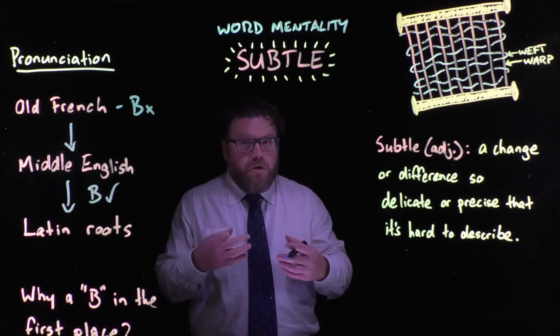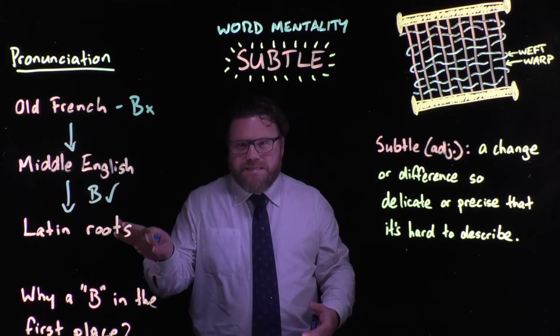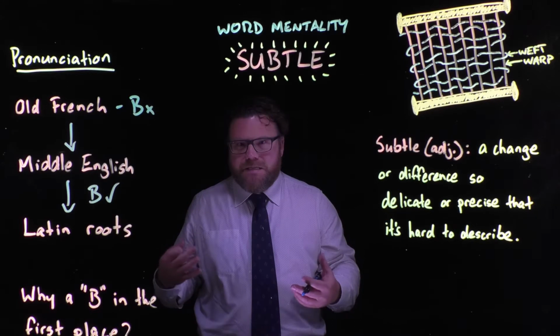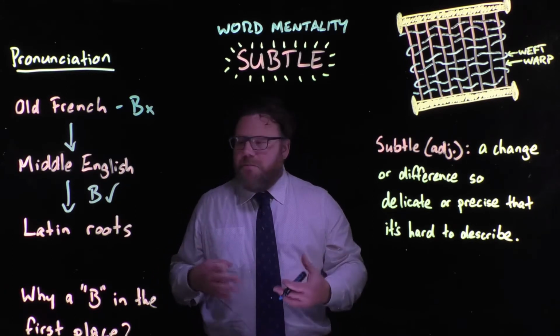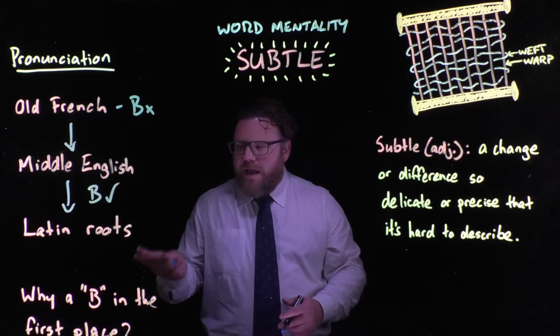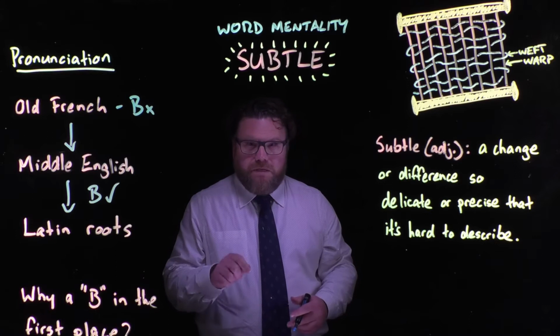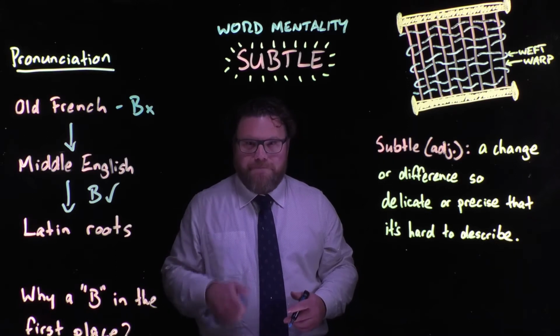So from the point of view of etymology, which is the origin of words, that made more sense. Unfortunately, that meant it didn't make as much sense in terms of spelling because we don't pronounce the B. So, why a B in the first place? Well, let's look at those Latin roots, and that will give us the story behind the B.